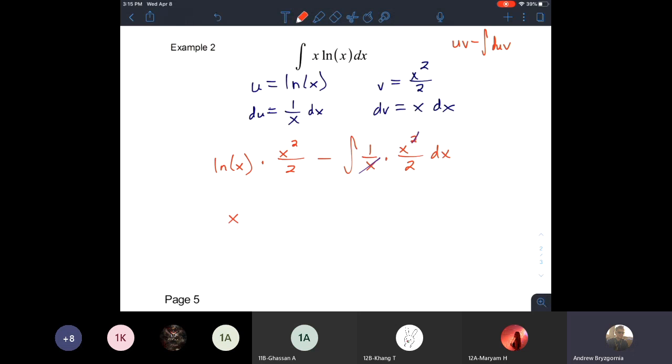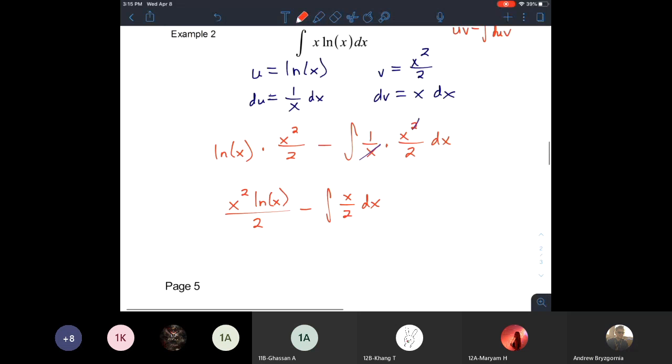Now what we'll have in the front is x squared natural log of x over 2 minus, and then we will get the integral of x over 2 dx. If you want, you could factor out the 1/2 from the integral. We don't need to though. And when we integrate now, what we're going to get is x squared over 4, and then plus c.